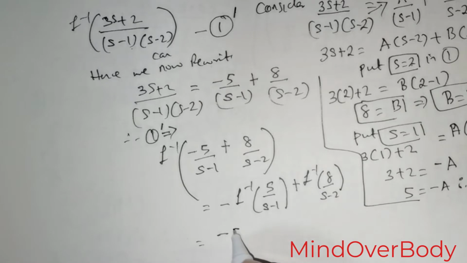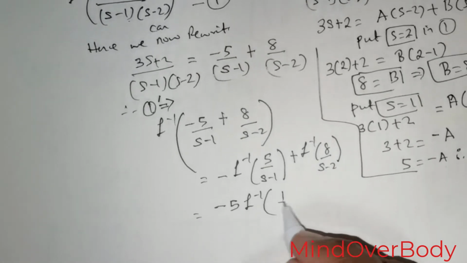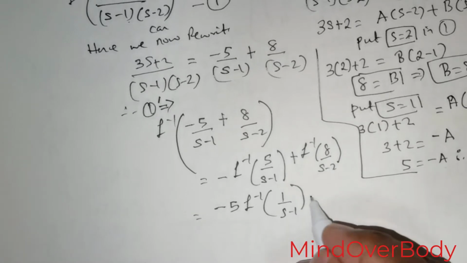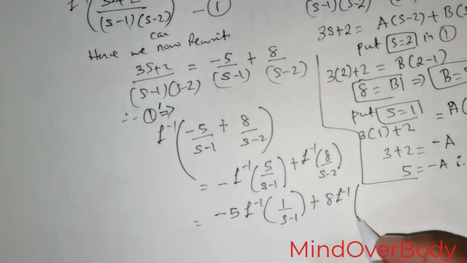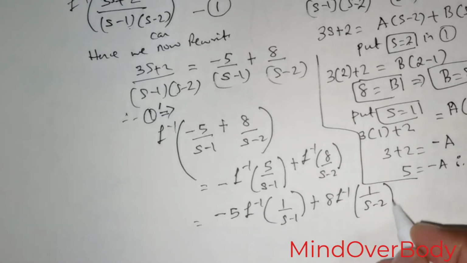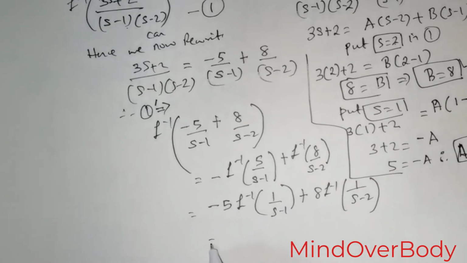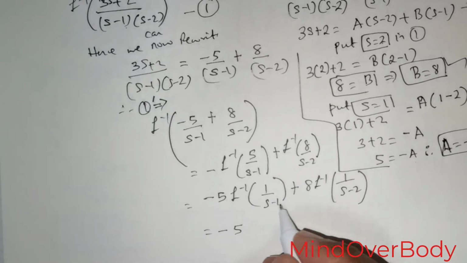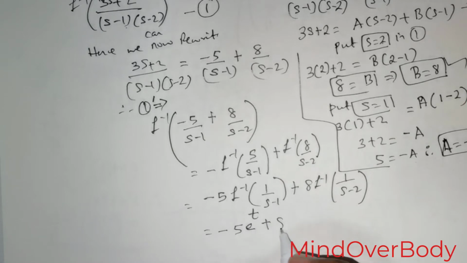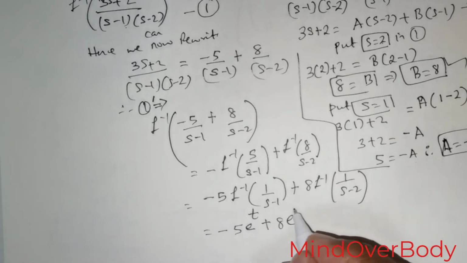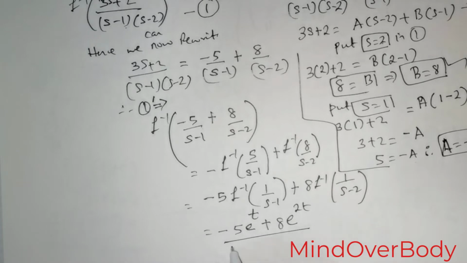I can take the 5 out and the 8 out. So this is going to be negative 5 times, the shift is s - 1, so we get e to the power of t, plus 8 times e to the power of 2t. So this is my solution to this question.